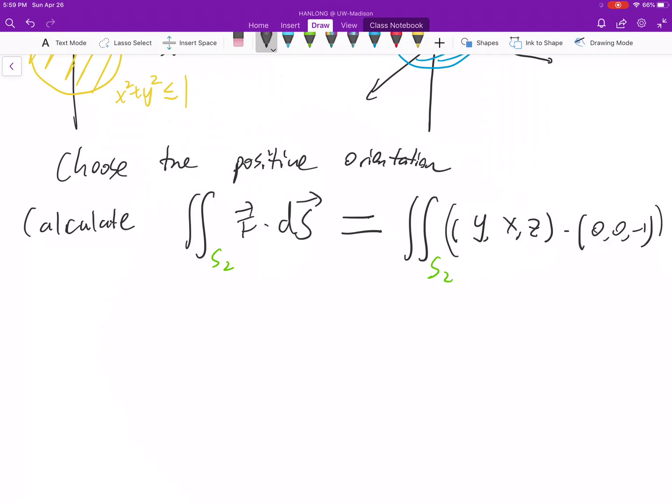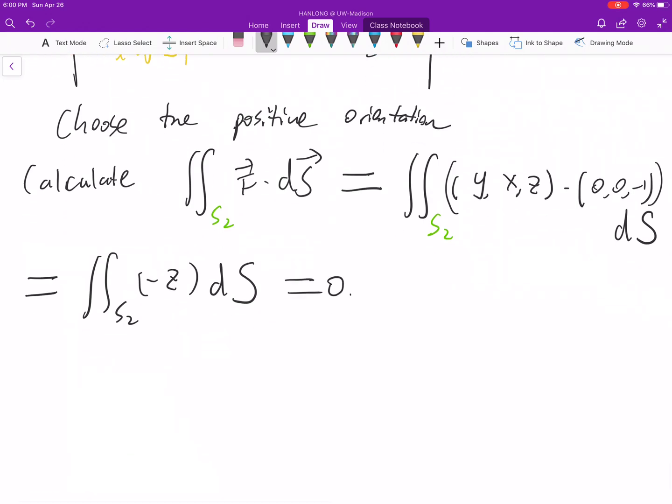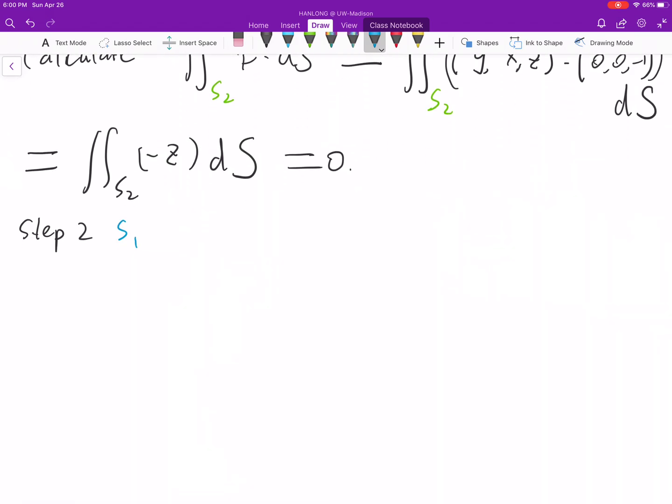So this is a dot product, then outside you have dS. Simplified, you have negative z dS, but because we are considering the surface S2, the z coordinate is 0. Therefore, you don't need to calculate. So this is step 1, calculate S2. This is pretty easy.